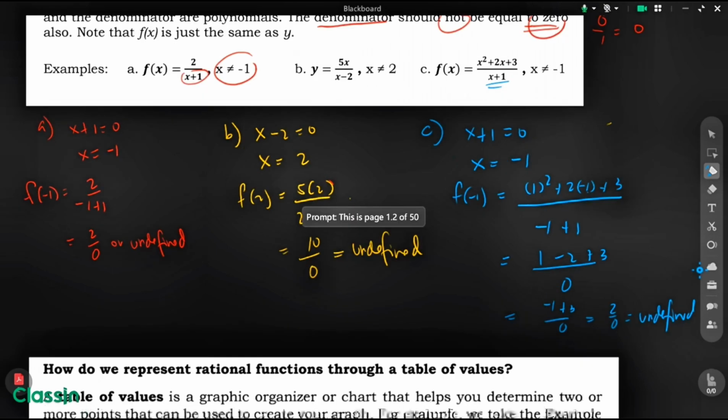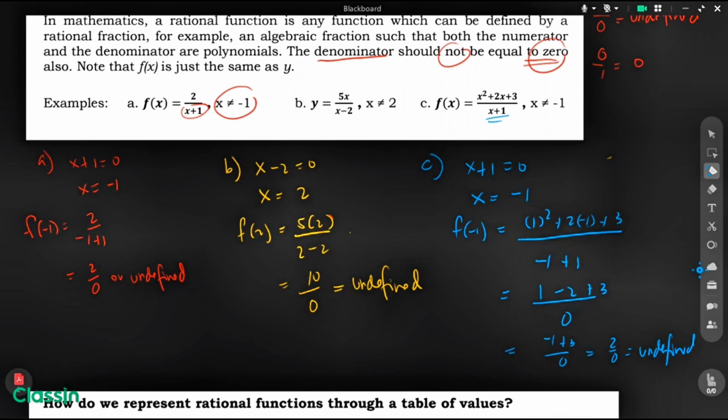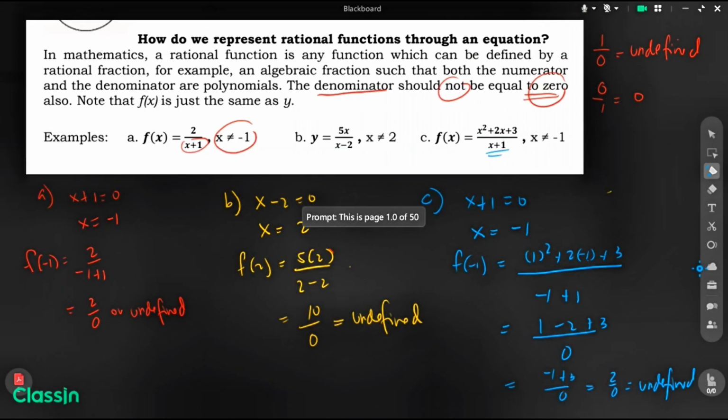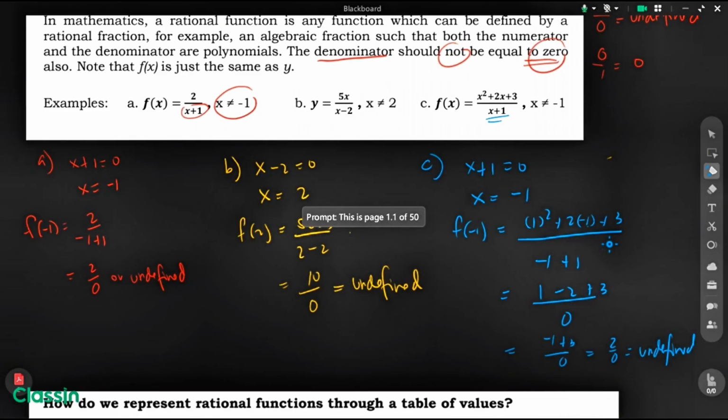So on letter C, x must not be equal to -1, because it makes the rational function undefined.